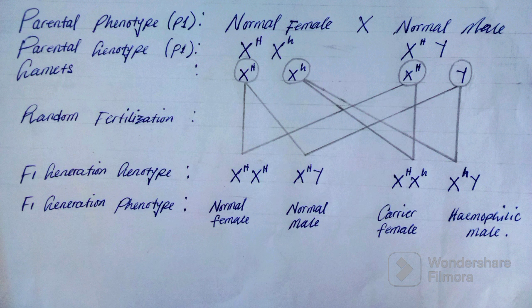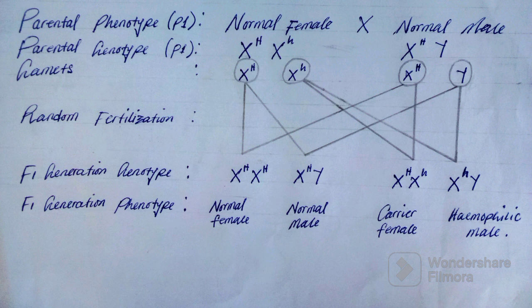It's X to the power capital letter H, another X to the power small letter h. For the normal male, we write X to the power capital letter H and the Y chromosome. On the gametes, you just separate these alleles using circles like I have done here.